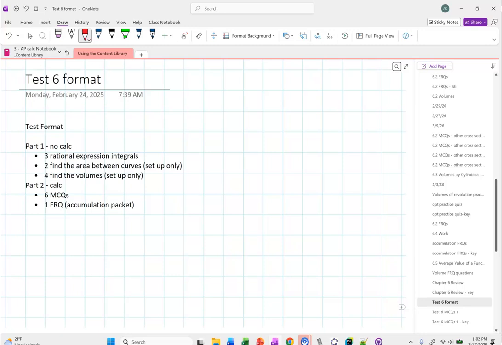Notice that those are going to be set up only problems. You just have to set up the integral. You don't have to solve. And then you'll have 4 volume problems. Again, set up only. You just set up the integral. You don't need to solve. Notice part 1 is all no calculator.